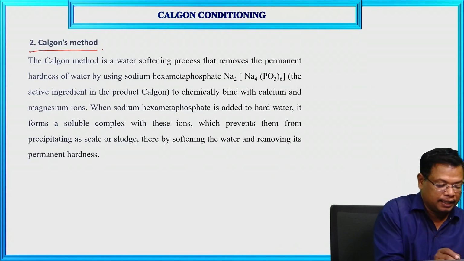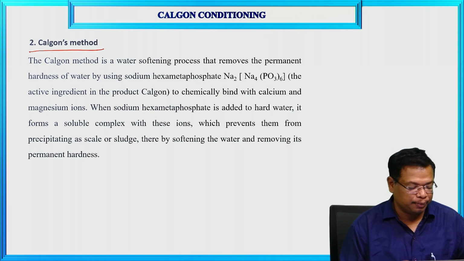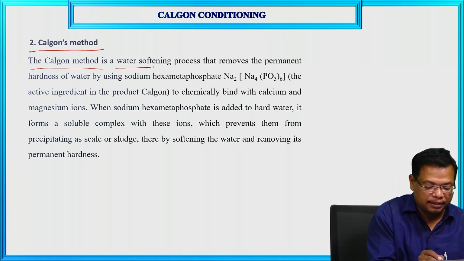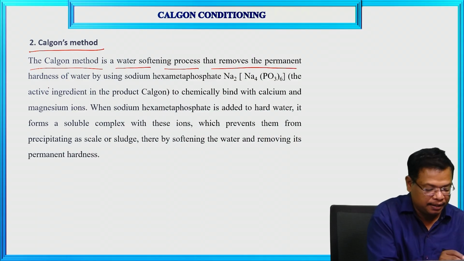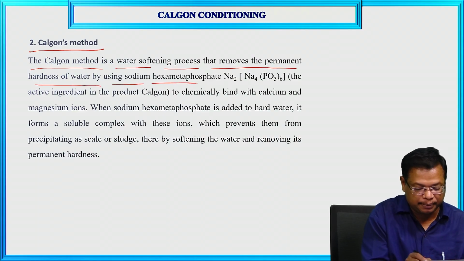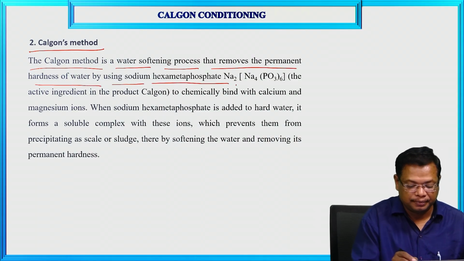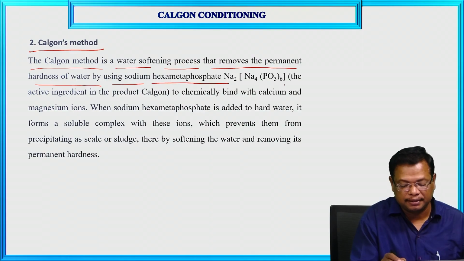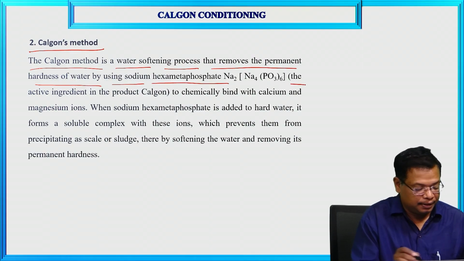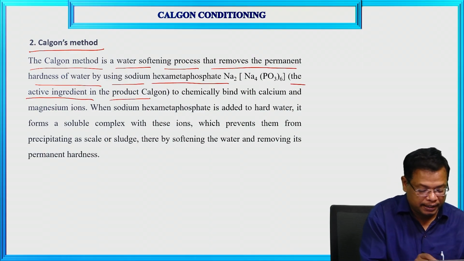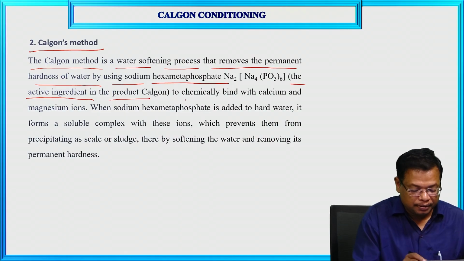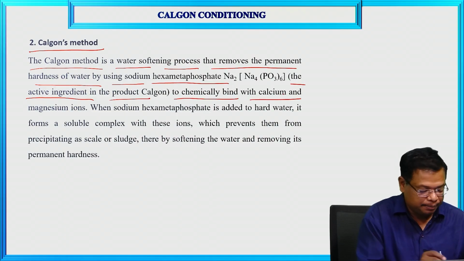Next, Calgon's method. This is one more method to soften the water. The Calgon method is a water softening process that removes the permanent hardness of the water by using sodium hexametaphosphate, Na4P6O18 (Na2[Na4(PO3)6]), the active ingredient in the product Calgon, to chemically bind with calcium and magnesium ions.